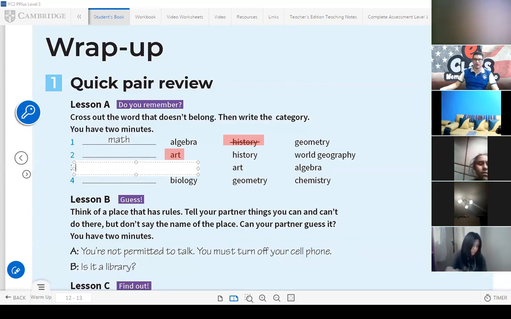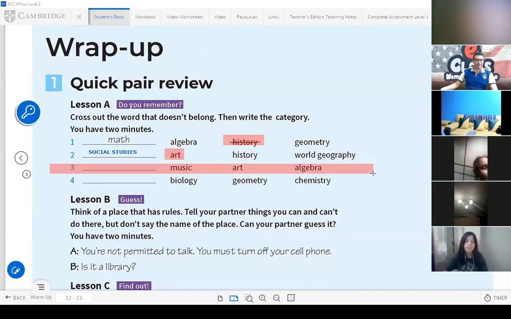What do you think? Art doesn't belong. History, world geography. Garay, what do you think, Garay? If we add something else, maybe it could be social studies, right? As Moises said, maybe you can use social studies. Yeah. Okay. Social studies. We have here this school subject.